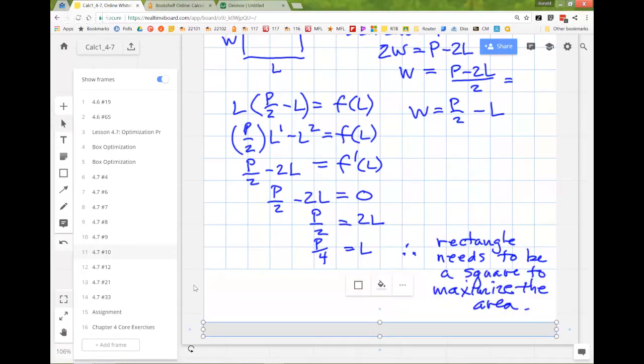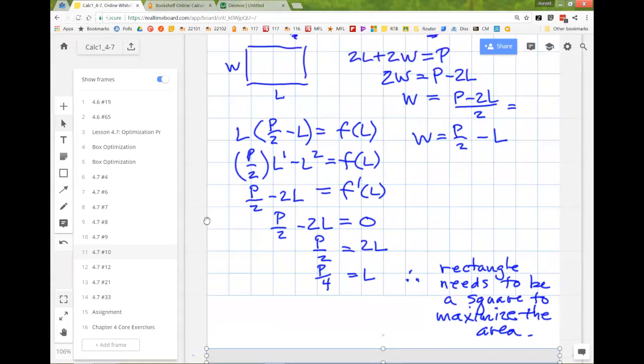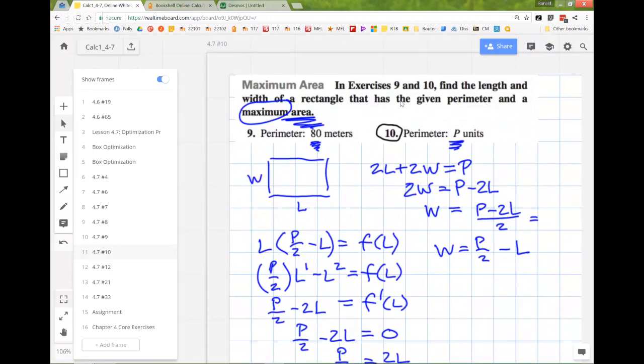But I mean, if the length of the rectangle is P over 4, that means the other length is P over 4, which is P over 2, and that leaves P over 2 for the widths. So in other words, this has become a square. When is it that a fourth of the perimeter is the length? Oh, when it's a square. Yeah. So let me just, so what's the length and the width?